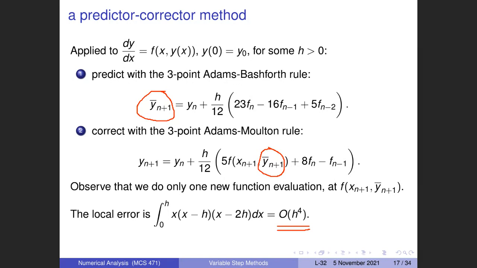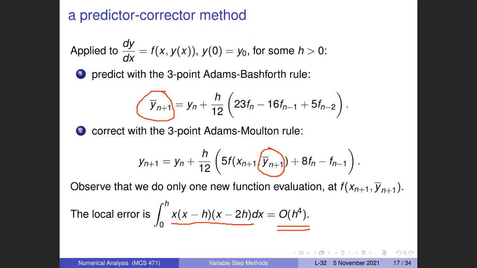Here the interpolation points are 0, minus h, minus 2h, so that is the same error that we had with the interpolation. That is the term in h. The global error is always n times, or 1 over h times, the local error.